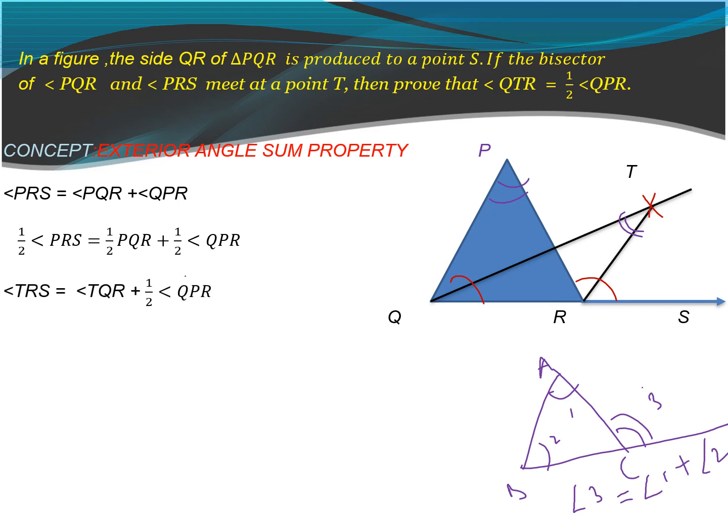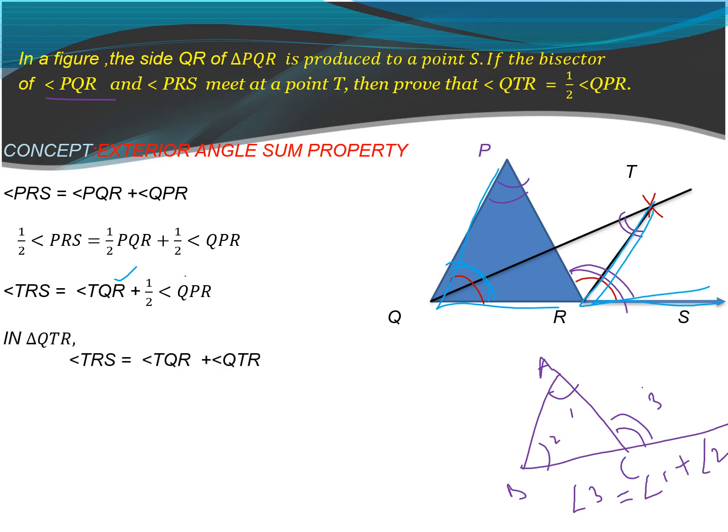Since here it is the bisector, half of angle PRS we can write as TRS, and half of angle PQR we can write as TQR. So TRS is equal to TQR plus half angle QPR.